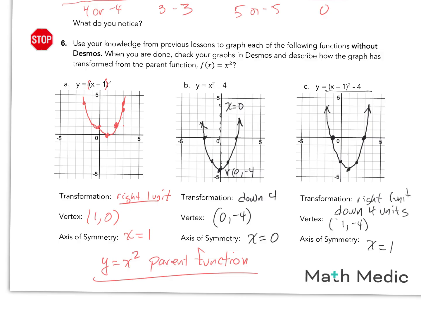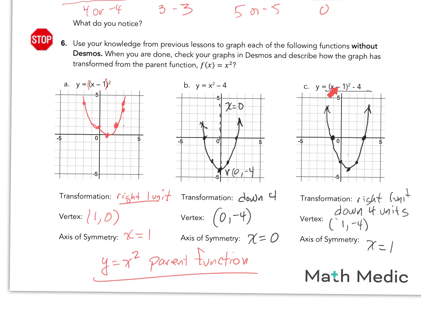So take a look here. When you have the y equals x minus 1 squared minus 4, you have shifted the curve to the right 1 and down 4. So right 1, down 4. Each time we do these, you notice that a negative transformation, y equals x minus 1 in parentheses and squared right here, this thing is going to be a horizontal shift to the right if it's minus and to the left if it's plus.